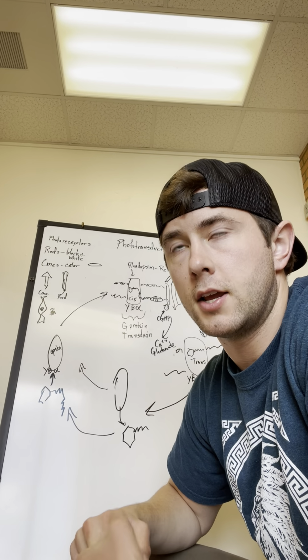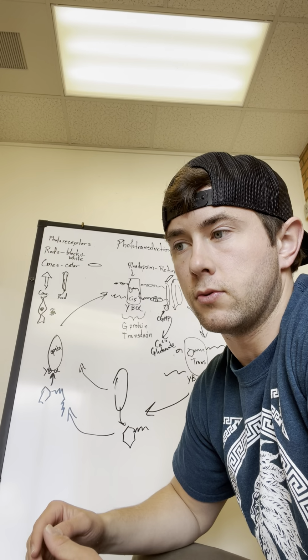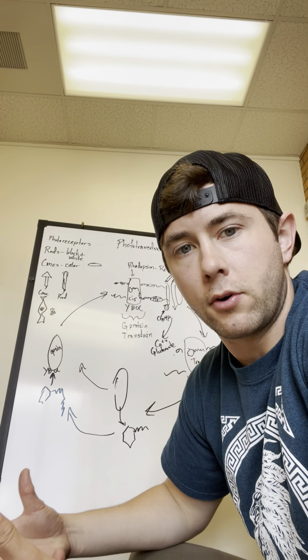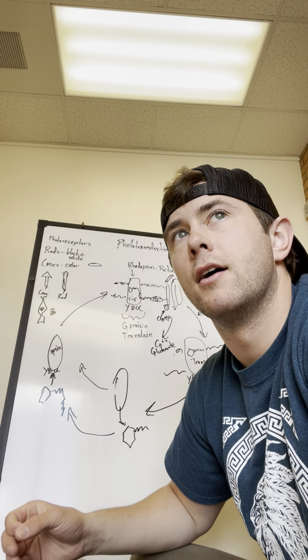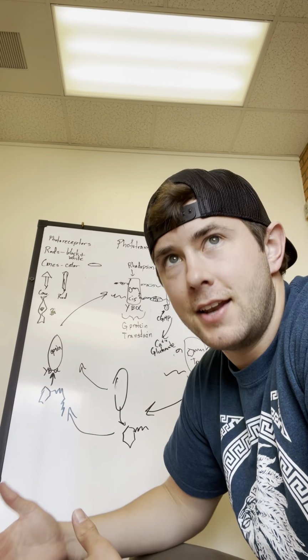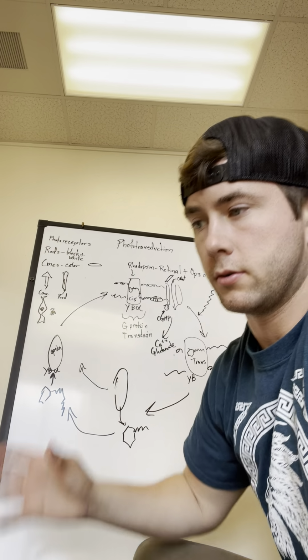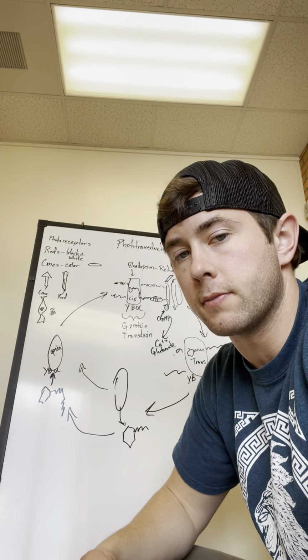In order to send off an inhibitory signal, we need to stop depolarizing the cell. In order to stop sending an inhibitory signal to a bipolar neuron, we need to inhibit this depolarization.